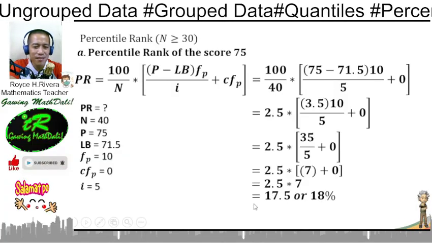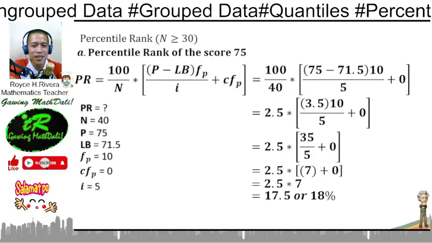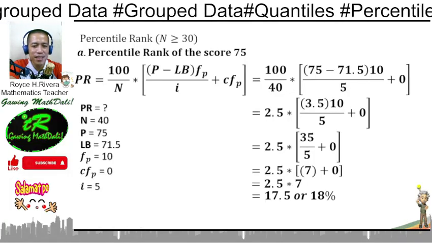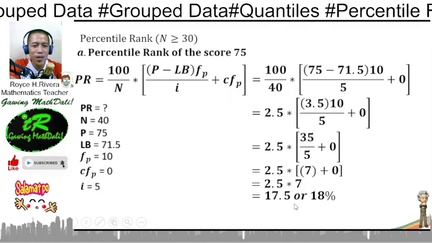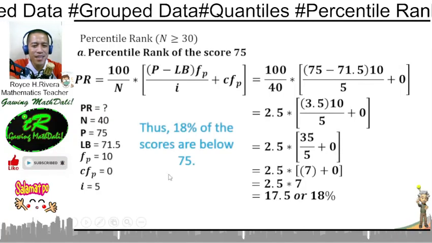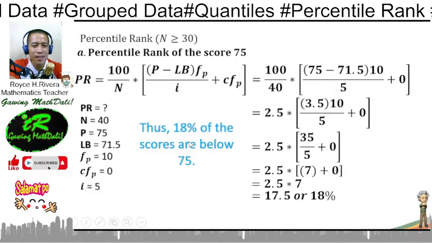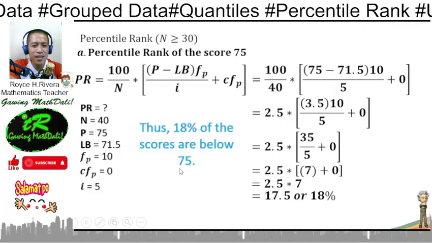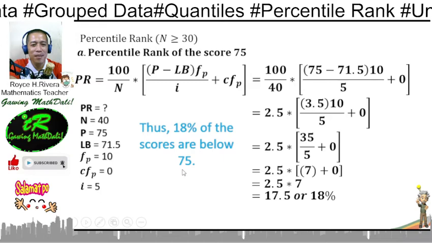We will have the percentile rank of the score 75 is 17.5 or 18. Therefore, 18% of the scores are below 75.